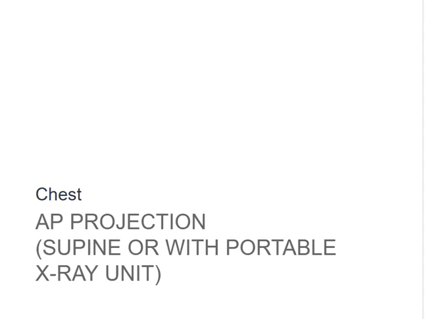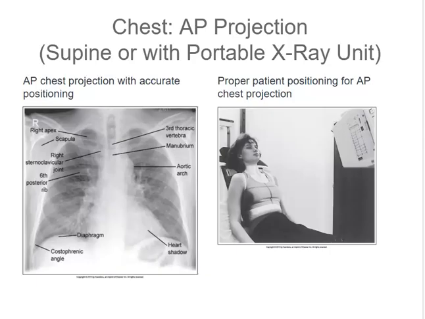Let's move on to the chest AP projection. This could be done either supine or with a portable mobile unit. The image analysis guidelines for the AP chest projection state that the lung field should be demonstrated symmetrically. Distances from the vertebral column to the sternoclavicular ends should be equal.